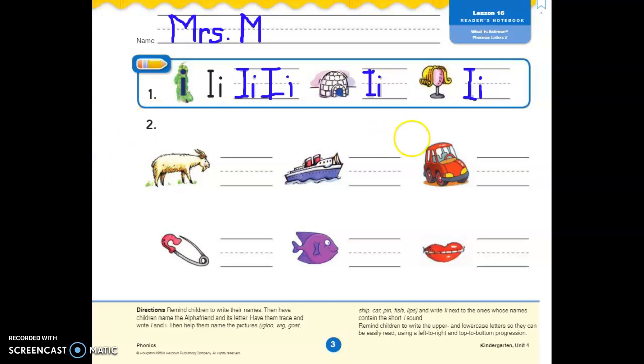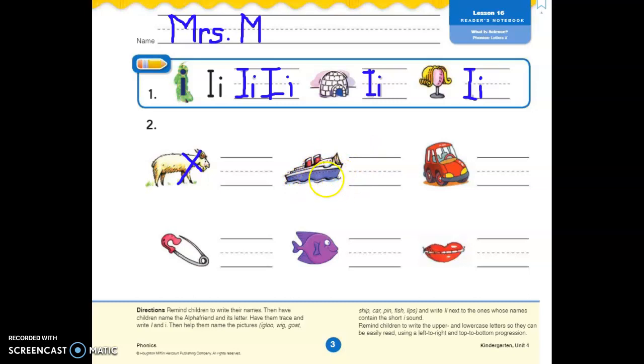We're going to go left to right and then go on the bottom. So what is this? It's a goat. Does goat have an I sound in it? No, it doesn't. Not an I, but X. This is a ship.